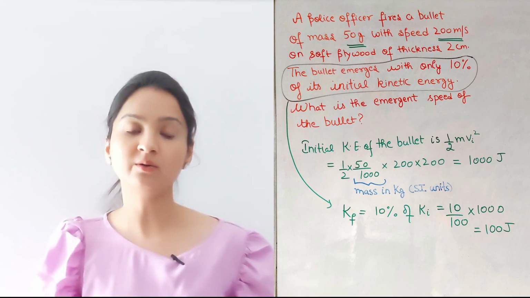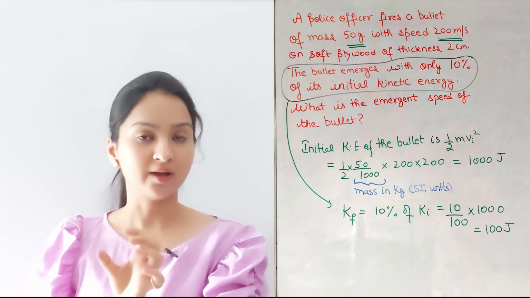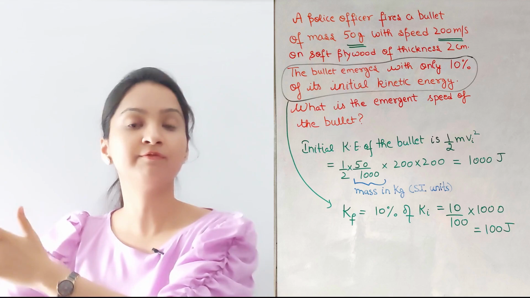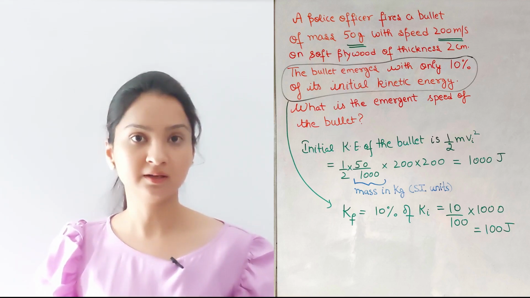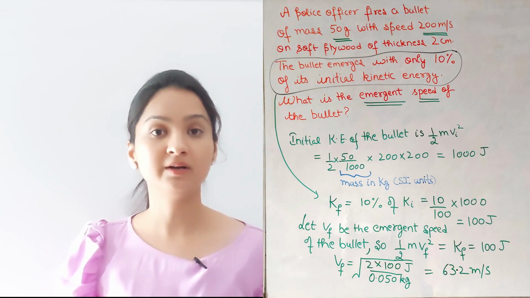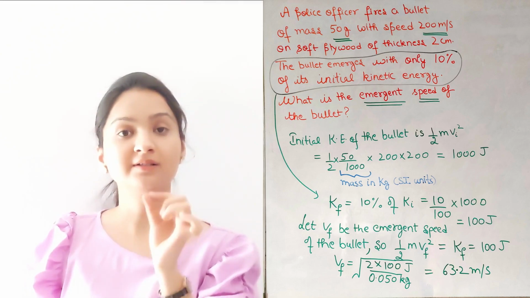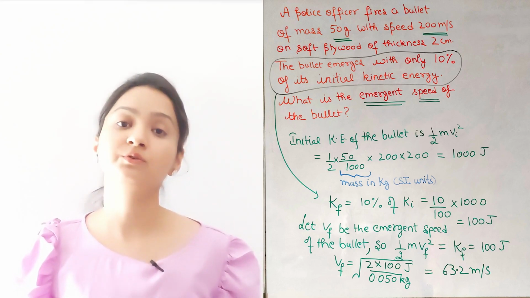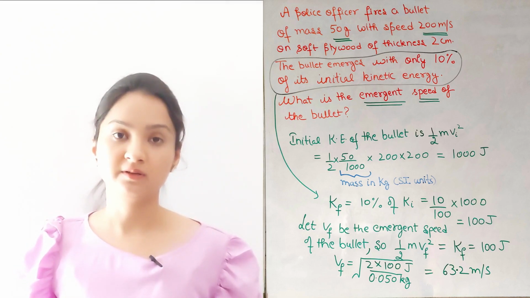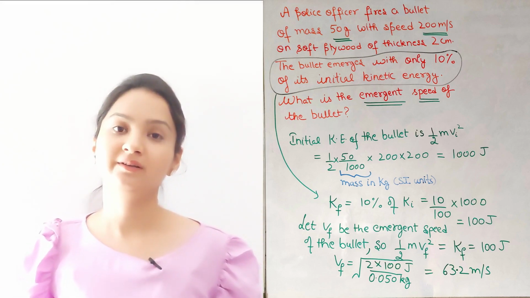So 10% of the initial kinetic energy value will be the final kinetic energy that you are getting. Now you have the value of final kinetic energy as well, and this is nothing but half m final speed square, and final speed is what I asked you to calculate. Mass of the bullet is known, final kinetic energy is known, then where's the problem? You can easily calculate the final speed.